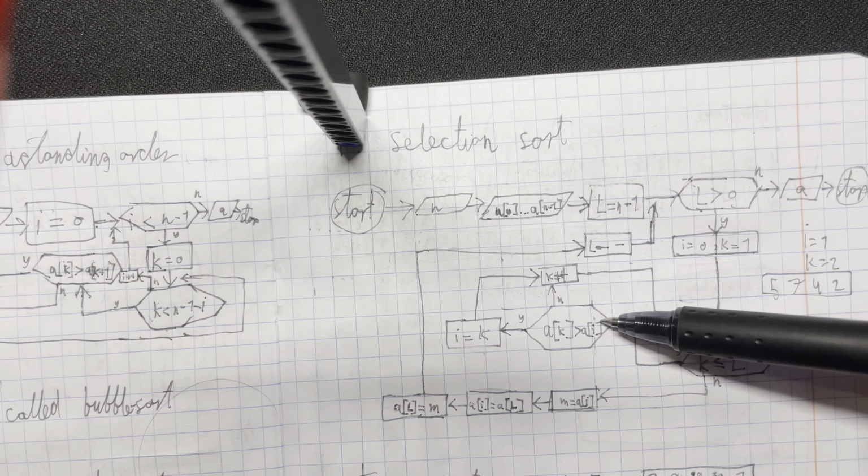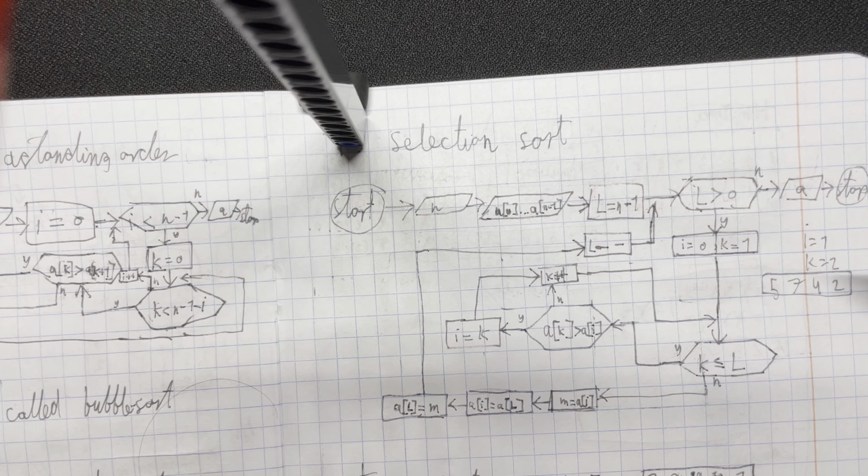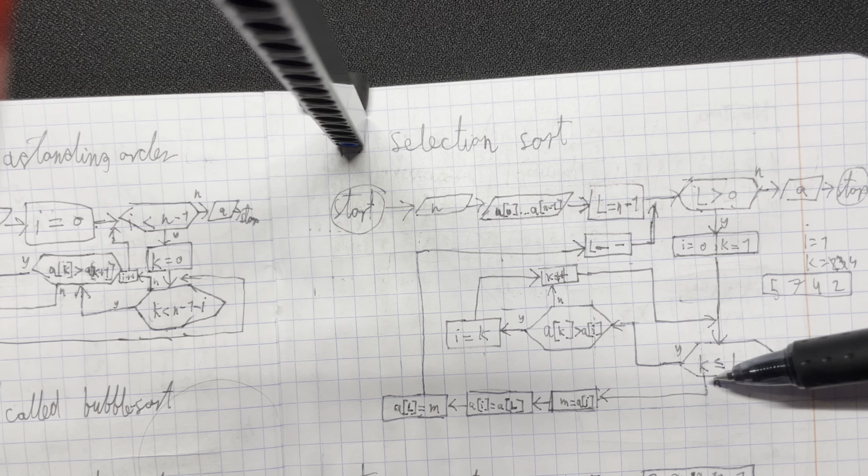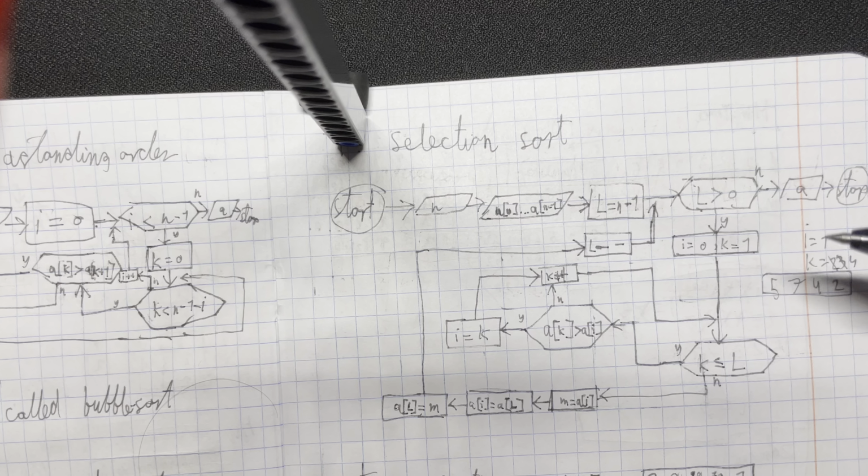So we go into no, and we increase k to 3, and then again to 4, at which point it is equal to L, meaning that we have no in this condition, and then we swap.